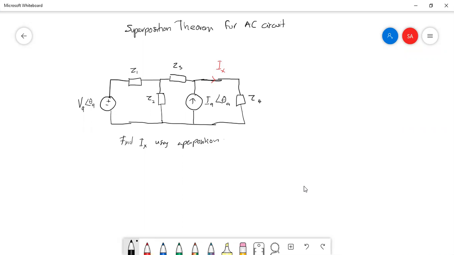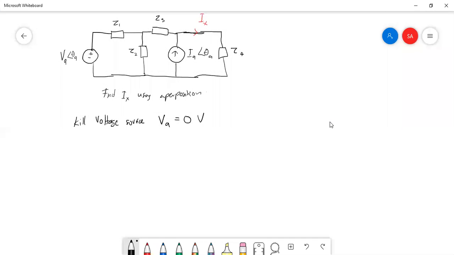So when I kill the voltage source, meaning that your VA is 0. Okay, so your circuit will become like this. So when V is 0, meaning that the voltage source is short circuit.